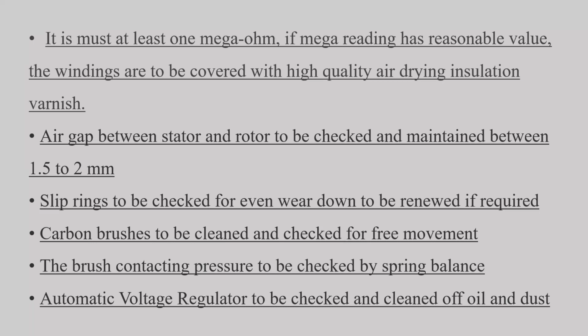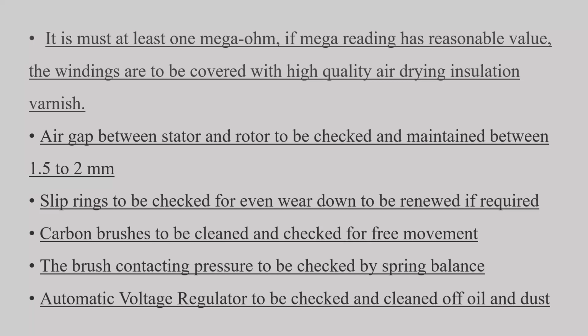For normal loads, the AVR regulates plus or minus 2.5 percent of the voltage. And for heavy loads like thrusters or cranes, plus or minus 10 to 15 percent of the voltage is regulated, so that there is a constant output voltage.